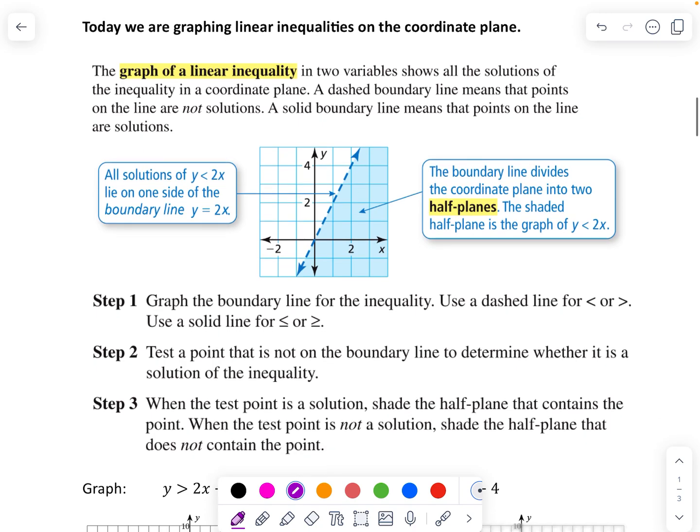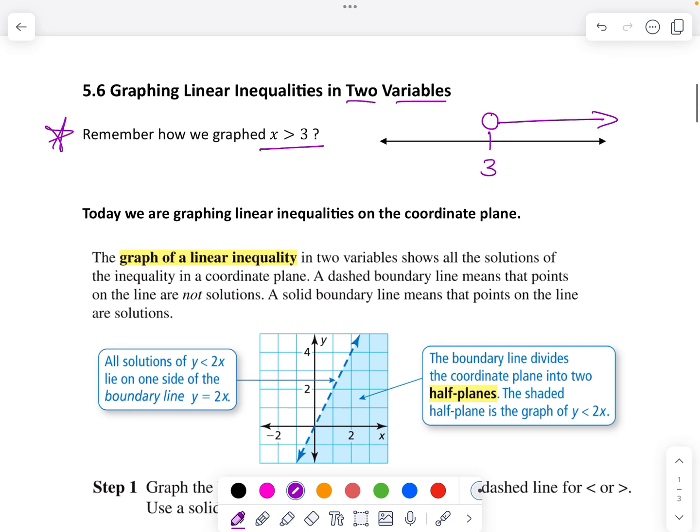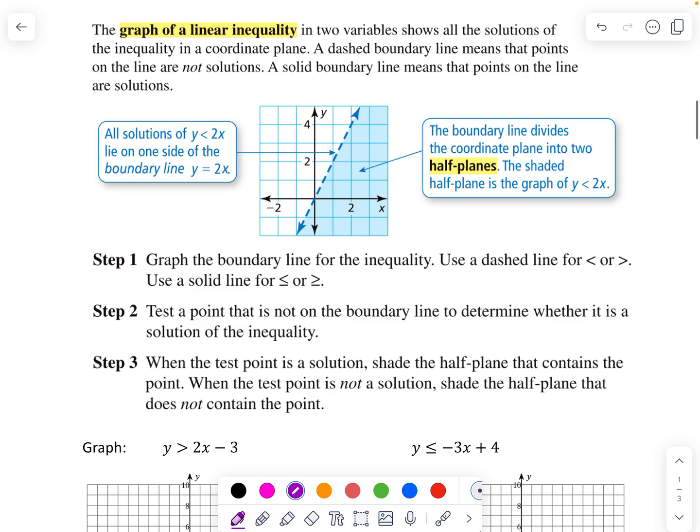Today we're graphing linear inequalities. In other words, we're looking at lines on the coordinate plane. Just like on the number line, where the 3 marked our boundary, on our coordinate plane our normal line is going to mark the boundary.